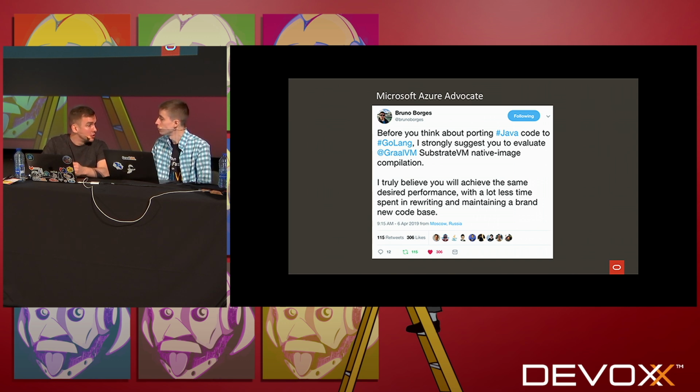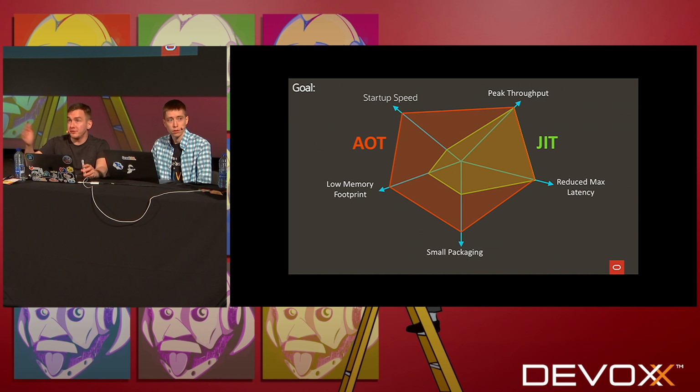Perfect. So what we would like to have with native image is to improve the peak throughput to the limits of the JIT, or at least some JITs. We would like to improve the latency results, right? Work on garbage collection is in the works for that. On the latency question, if you configure a relatively small heap, then the latency is still good on native image, because even if you do full GC from time to time, it doesn't add so much to your latency.